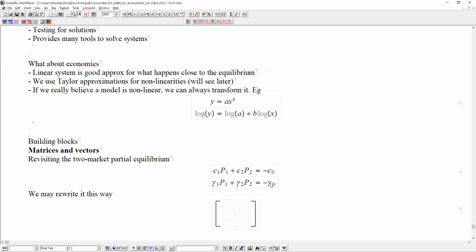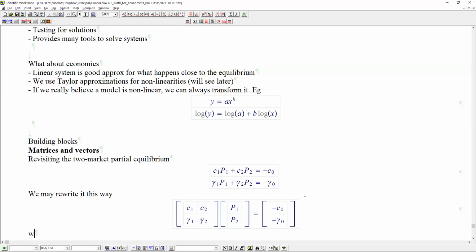We're going to put our coefficients here: C1, C2, gamma 1, gamma 2. And then here our two variables, P1, P2. And here our two constant terms, minus C0, minus gamma 0.